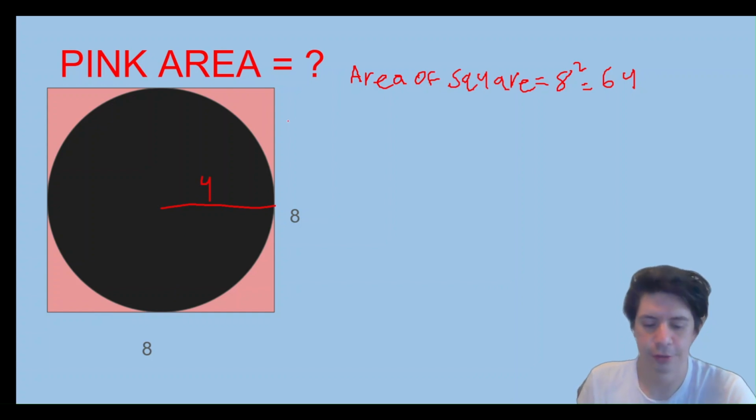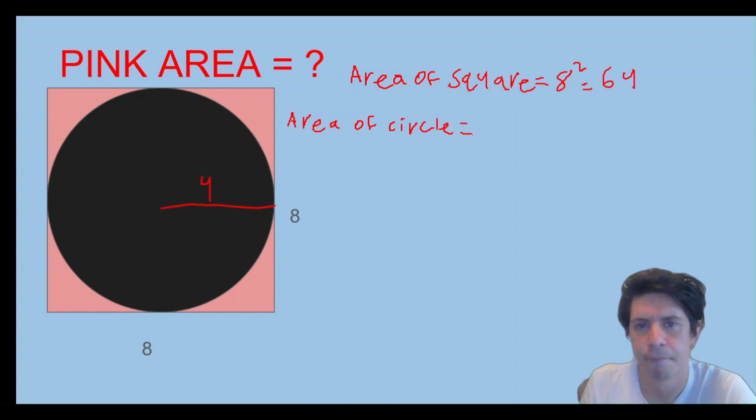Then the area of the circle, remember it's pi r squared, equals pi times 4 squared, which equals 16 pi.